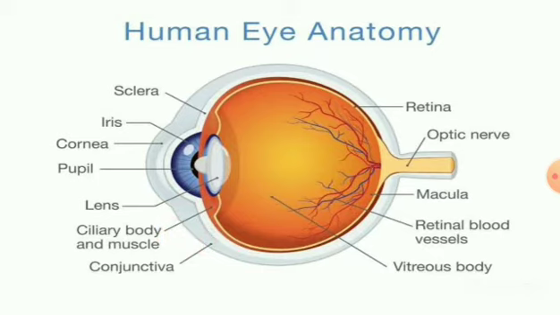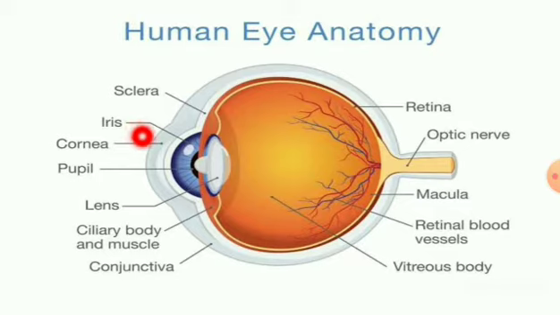It keeps the eye moist and clear by secreting small amounts of mucus and tears. Next, cornea. It is the transparent layer of membrane that is spread over the pupil and the iris. The main role of the cornea is to refract the light that enters the eye.